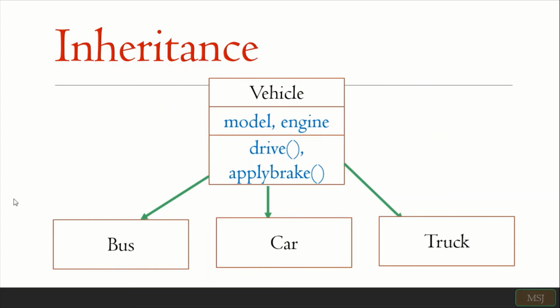Then this bus derives all the attributes and operations of the vehicle. What are they? Model, engine. So bus also has model, engine, and bus also has drive and apply brake operations. So these attributes and operations are all derived by these three classes.